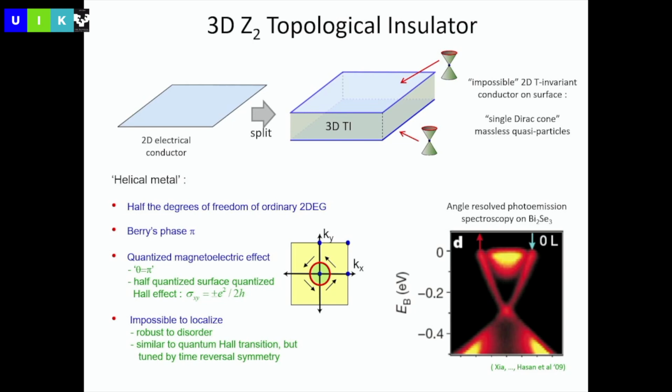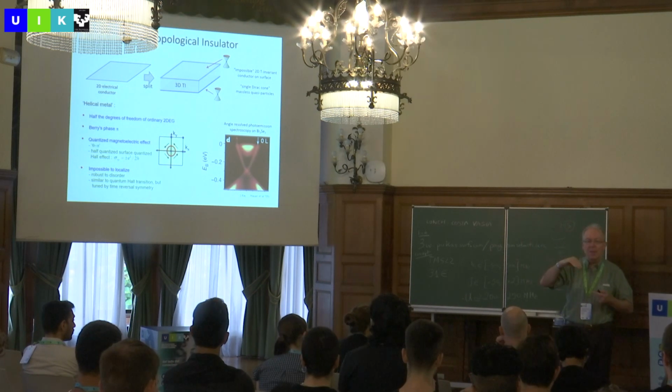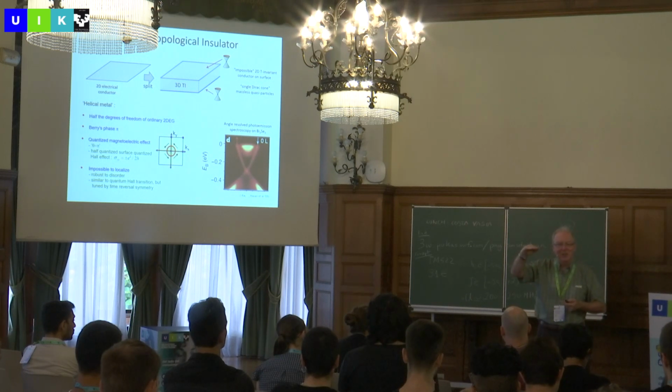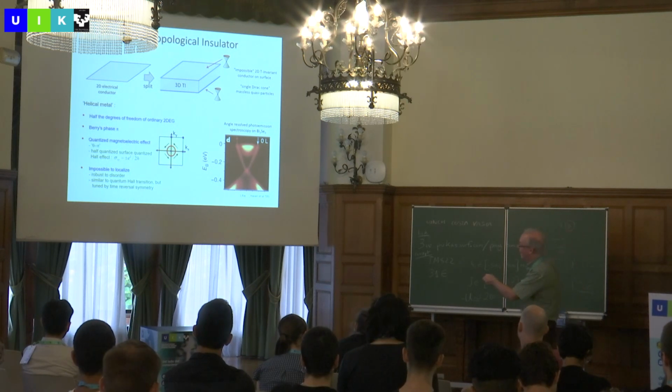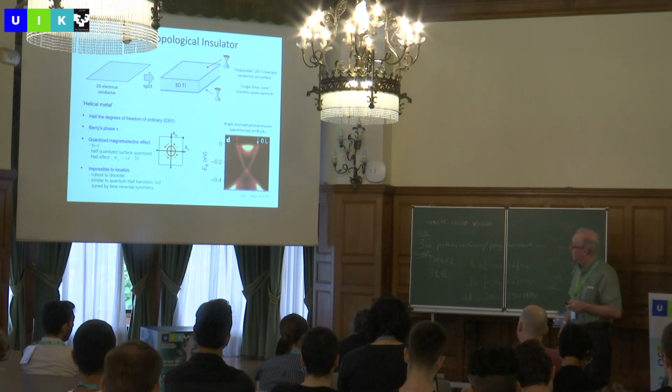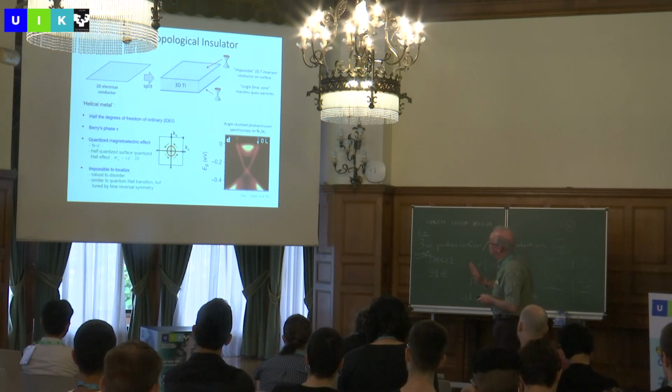So the surface of a topological insulator is like the plateau transition between two quantum Hall states. The thing that's special is that time reversal symmetry tunes you to be precisely at that transition. The two quantum Hall states on either side are related by time reversal symmetry, so time reversal symmetry tunes you to be exactly at the transition. That's what is special about the surface of the three-dimensional topological insulator.